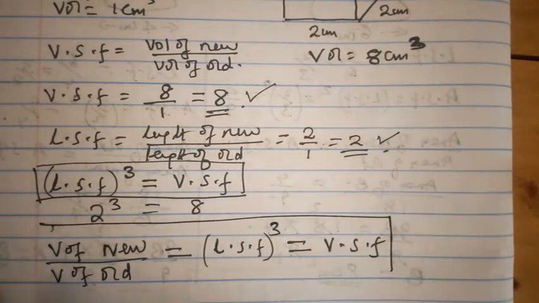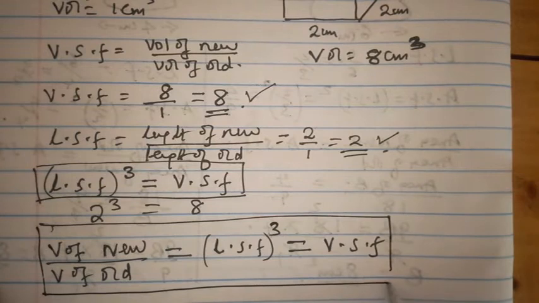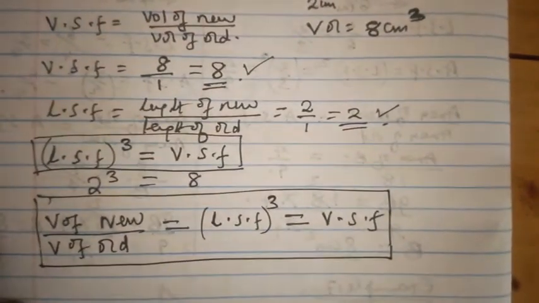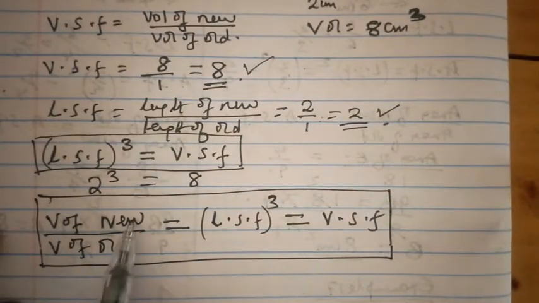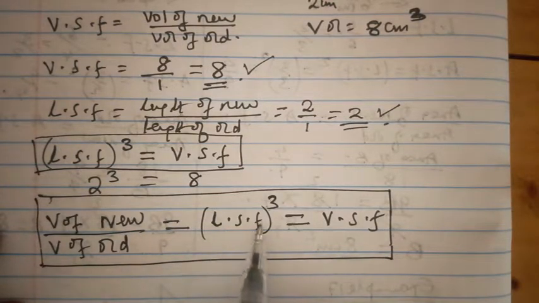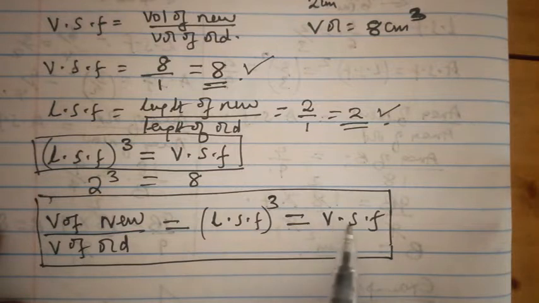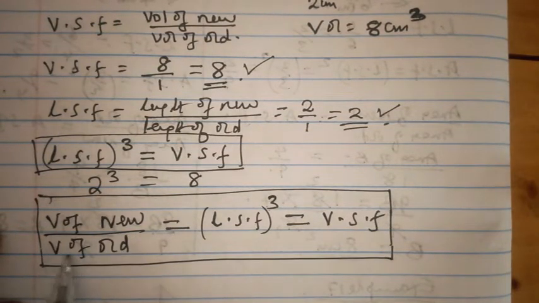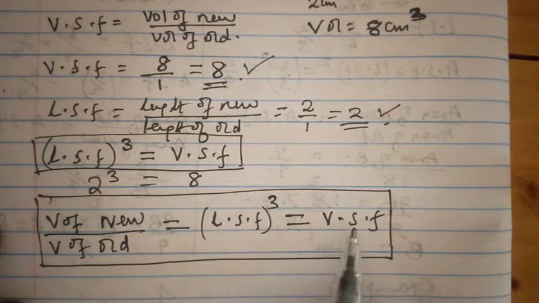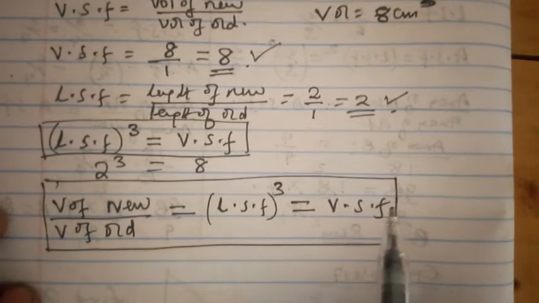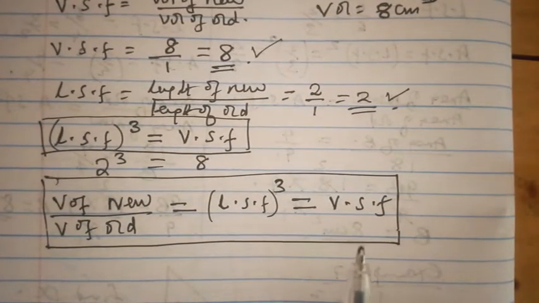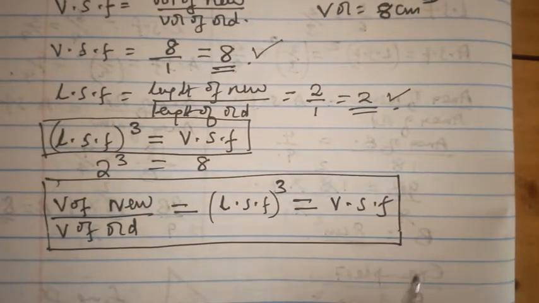This never forget. Forget everything but not this. Again, just like we said, the area of new over the area of old is the linear scale factor squared, which is the area scale factor. Volume of new over volume of old is the linear scale factor cubed, which should give us the volume scale factor.